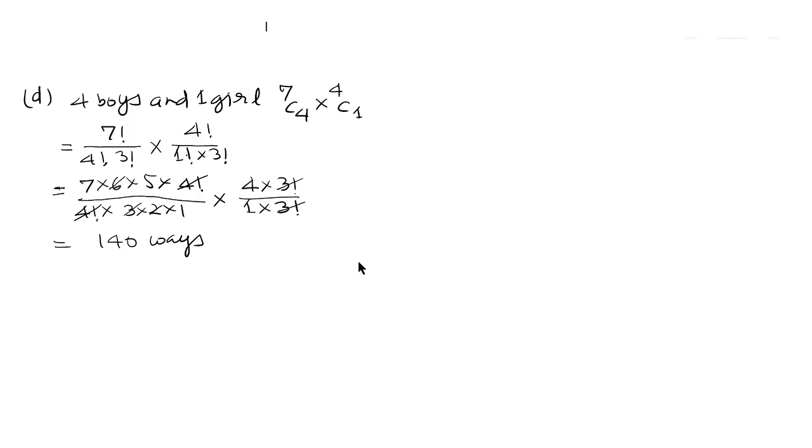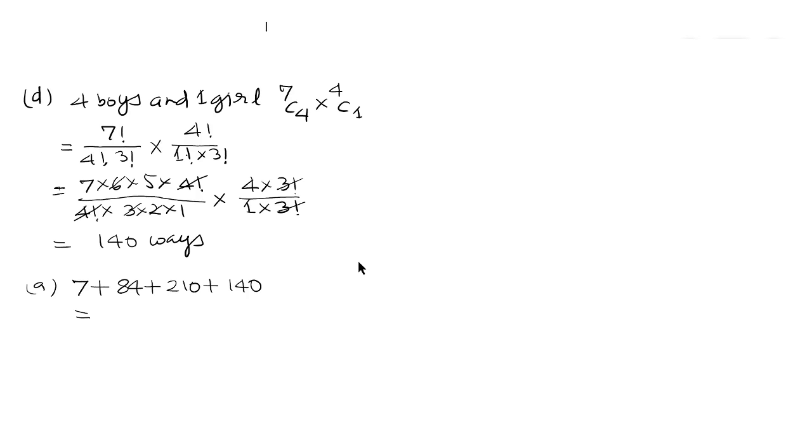That is, part A, which consists of 1 boy and 4 girls, that is 7 ways, plus 2 boys and 3 girls, that can be done in 84 ways, plus 3 boys and 2 girls can be done in 210 ways, plus 4 boys and 1 girl can be selected in 140 ways.